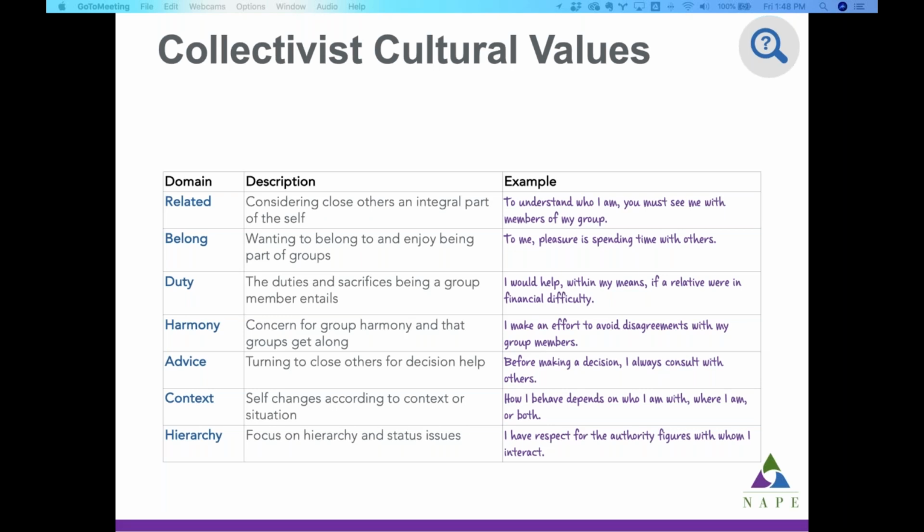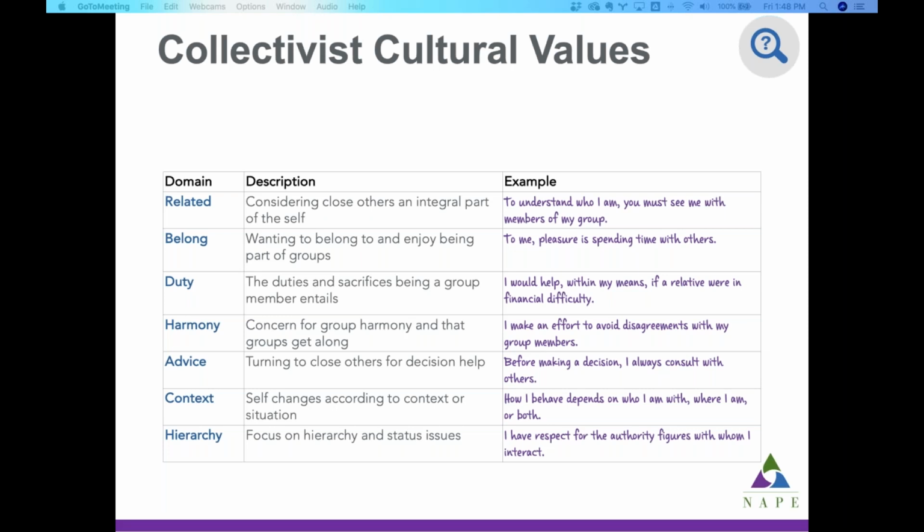There's a strong tendency in collectivist cultures to seek advice, most often turning to close others for decision help. And here, the self changes, adapts and morphs according to the context or situation. There's also a greater sense of hierarchy and status, a notion of elders and familial structures.